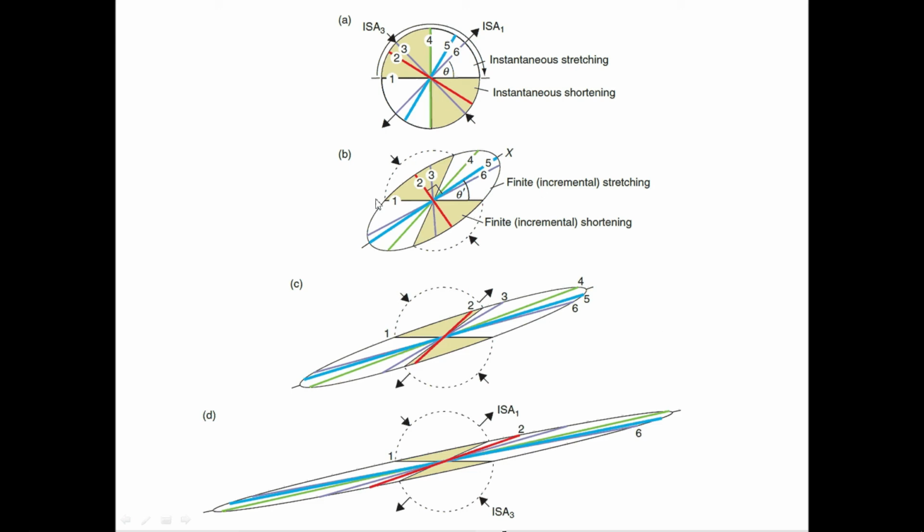Okay, so line 1 is the only line where there is no deformation. As you can see here, the length of line 1 is not changing.